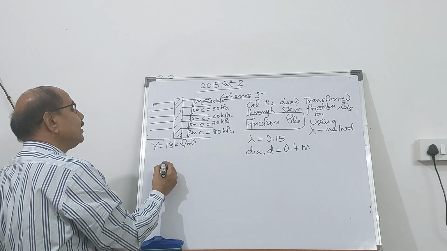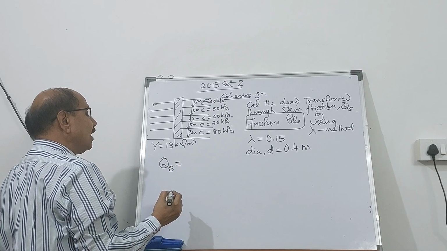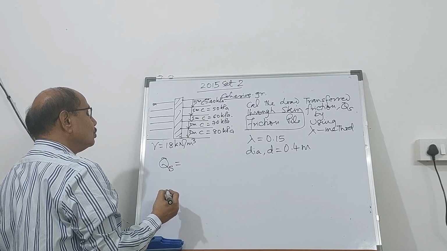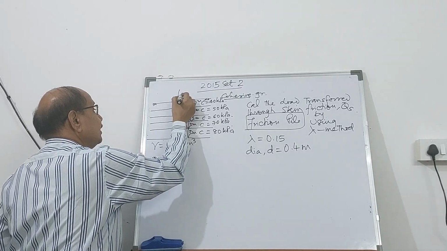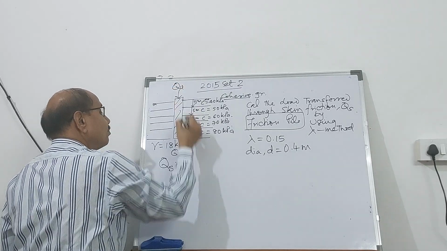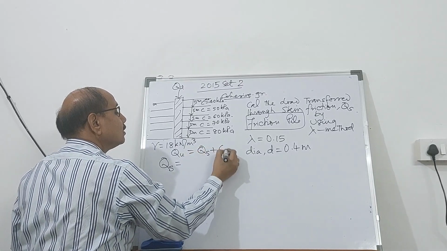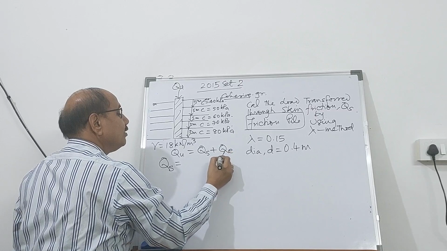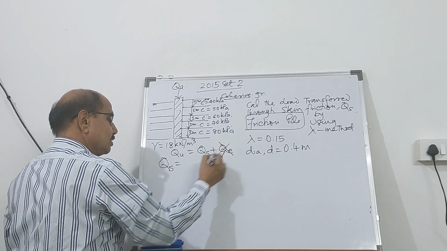So how will you calculate the skin friction? It is a friction pile. So the value of Qu, the ultimate load carrying capacity of this pile, will be equal to Qs. Qe will be 0. We need not consider this.